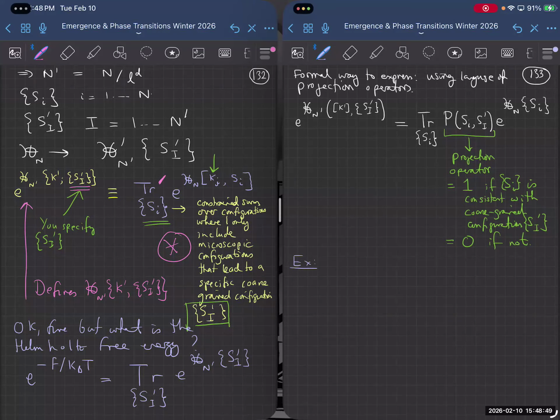So what I'm going to do is I'm going to have Ising spins on a lattice, just as we had before, with spacing A. And then I'm going to define my renormalization group transformation to take blocks of size 2L plus 1 times A, where L is an integer.